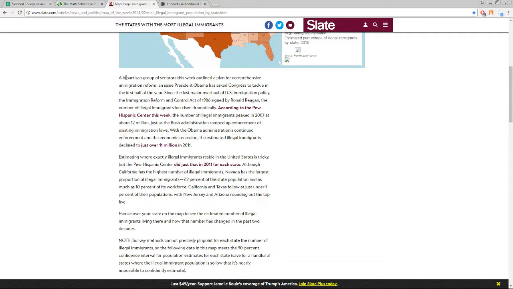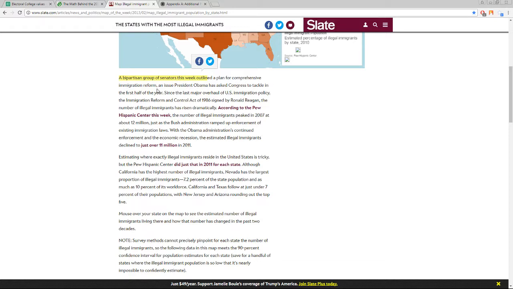It says a bipartisan group of senators this week outlined a plan for comprehensive immigration reform, an issue President Obama has asked Congress to tackle in the first half of the year. I want to get across the point that this was requested by Obama, where he asked Congress to figure out how many illegals were in each state.